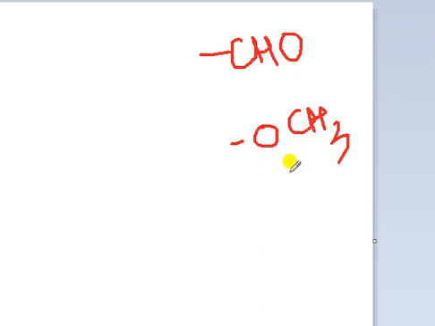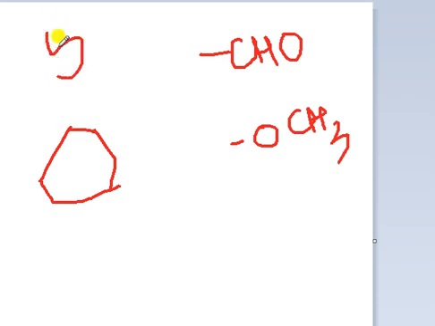Now from the DBE calculation we can find there are 5 double bond equivalents.